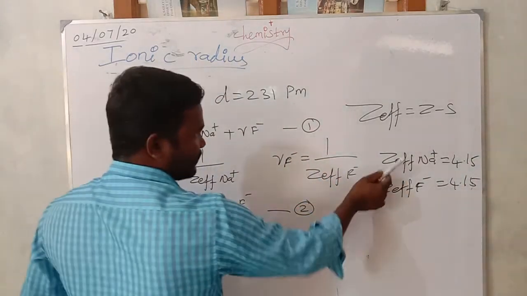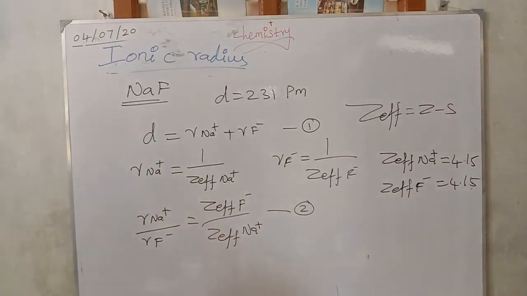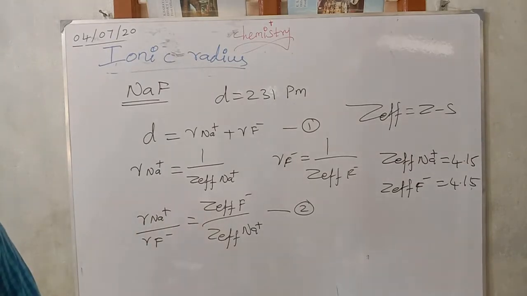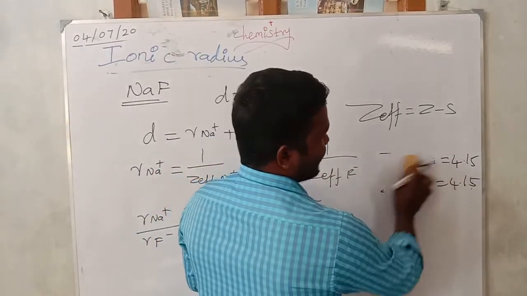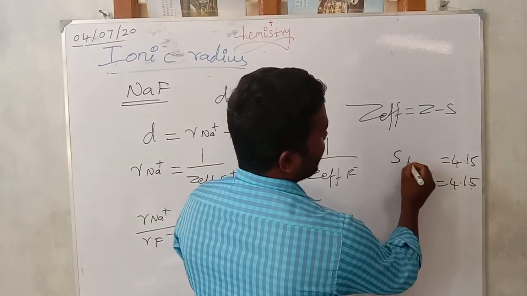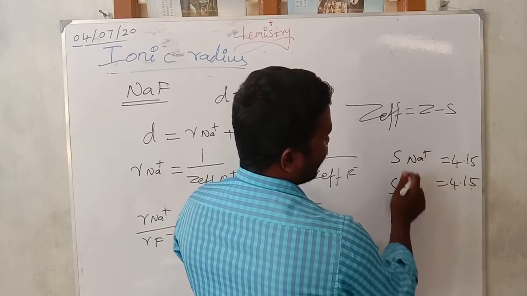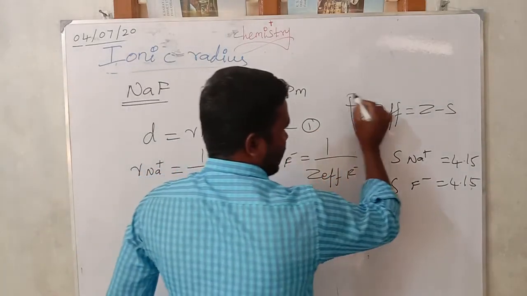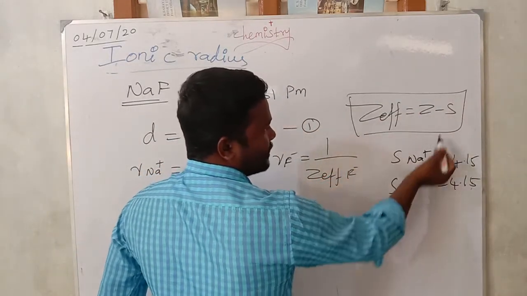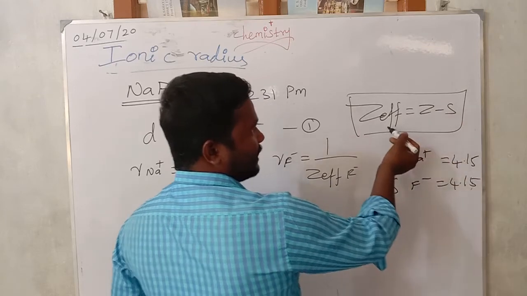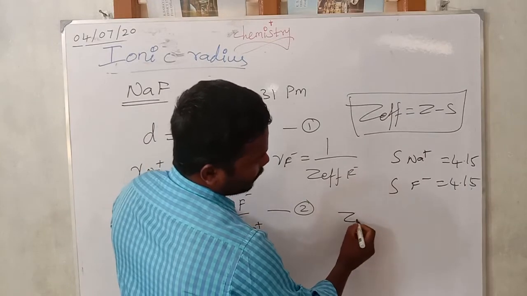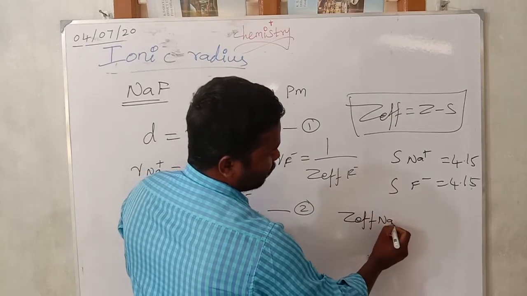Now you can apply these values in this formula, so you will get the radius value. One minute, my dear students. Actually this is the screening constant value, for Na plus and for F minus. So in the above formula, if you apply the screening constant value, you can find the effective nuclear charge. This calculation they didn't give in the book, even though we will try to find it.